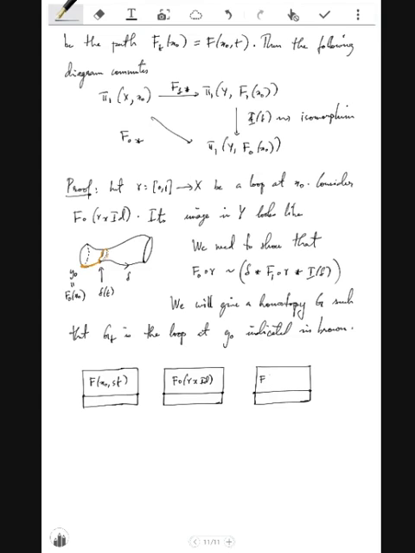Here we have f of x naught comma 1 minus s into t. Let's call this path p1 of s, this path is p2 of s, and this path is p3 of s.